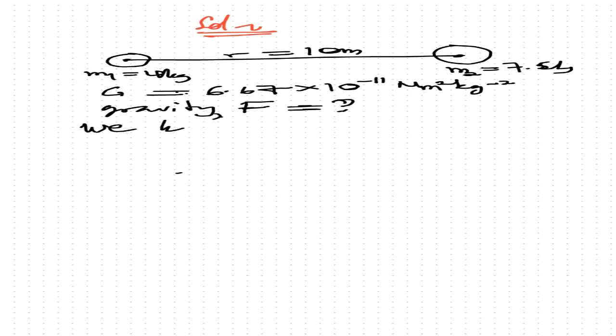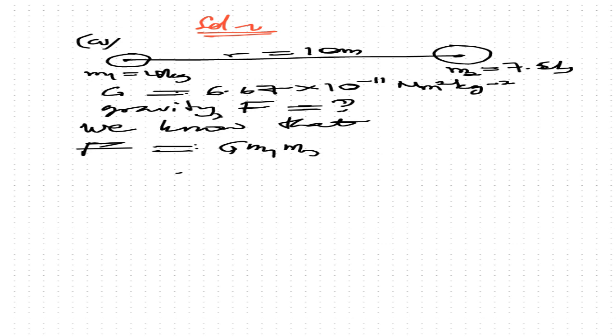So we know that F, this is the A part we are doing, the usual formula. F is equal to G M1 M2 all over R squared.